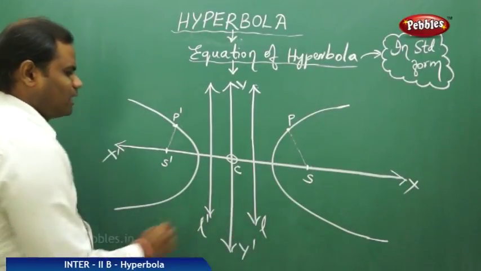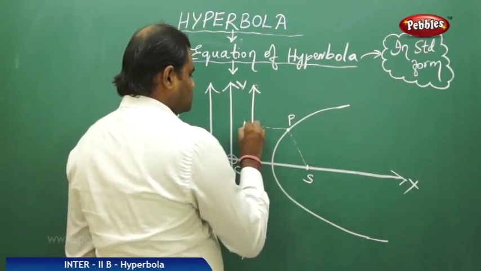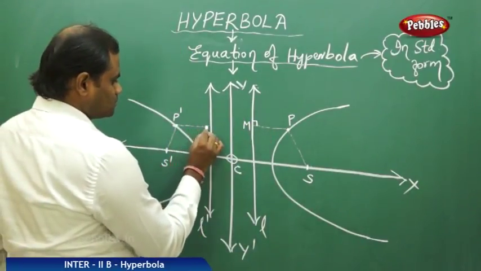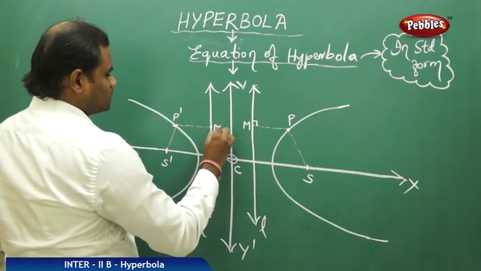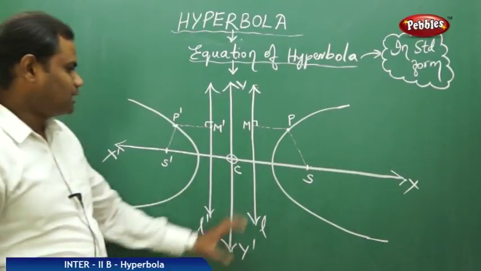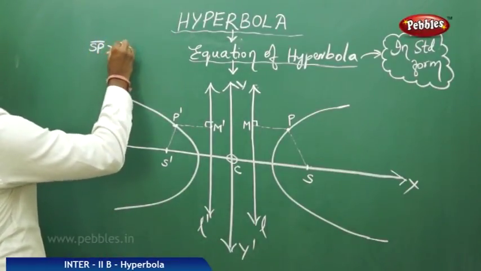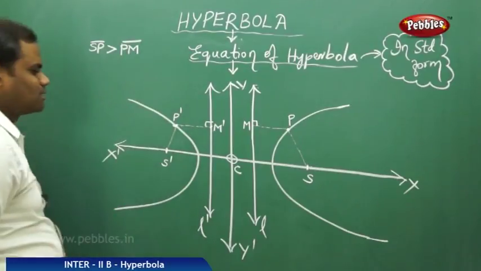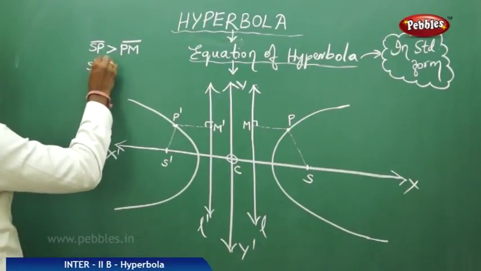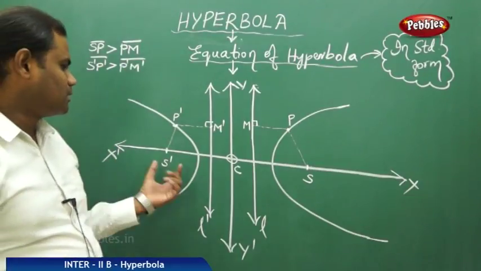I drop a perpendicular from P, which is M, and from P dash to M dash, which clearly shows that SP is greater than PM, because for a hyperbola SP is always greater than PM, and hence S dash P dash is greater than P dash M dash. This is how we understand this.